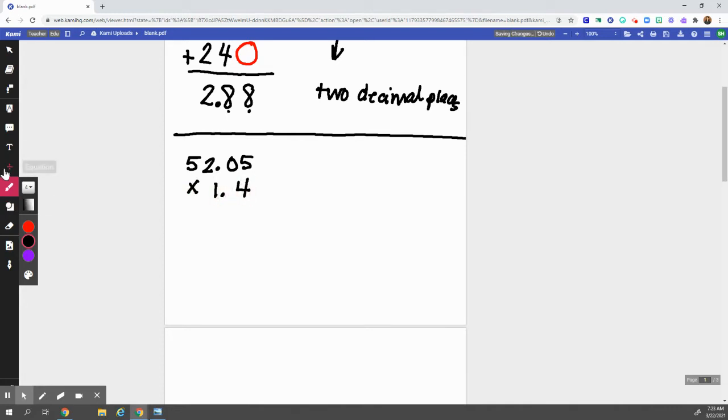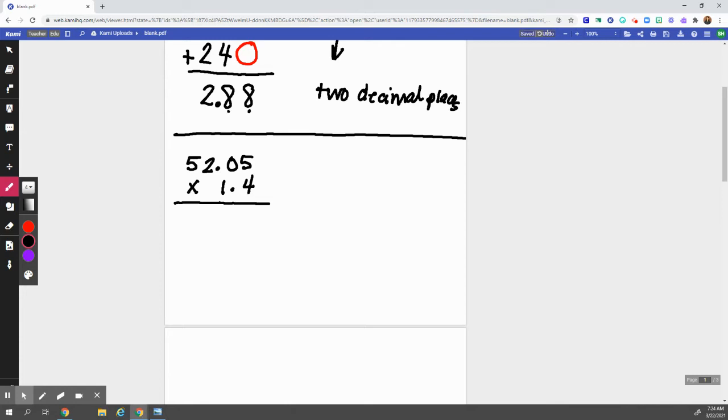I'm actually going to write that a little bit better here. Remember I had said we don't have to line up our decimals. I'm going to line it up on the right-hand side here. Okay. So we're going to go ahead and multiply as if the decimals weren't there. So as if we had 5,205 times 14, we're going to multiply it just like that.